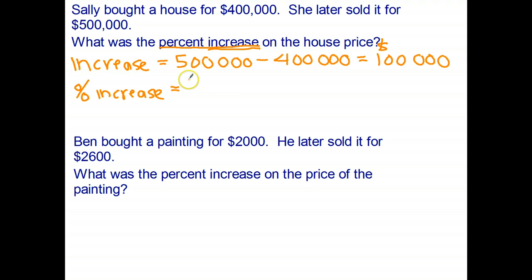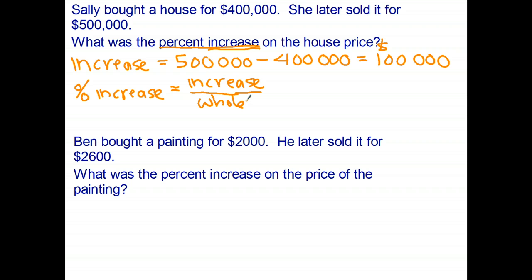And rather than writing the word part on the top of the fraction, because that part could be the 500,000 or it could be the 100,000, depending on the question, I'm going to write up here which of those it actually is. So the part in this case that we want to know is the increase over the whole.